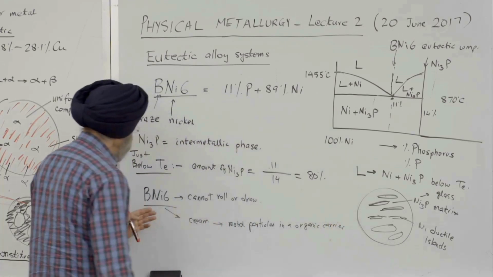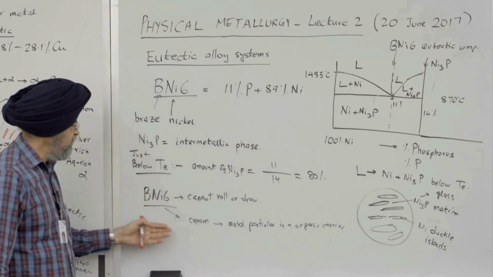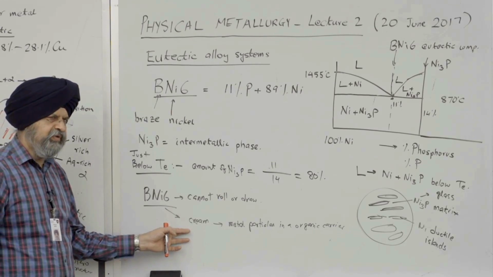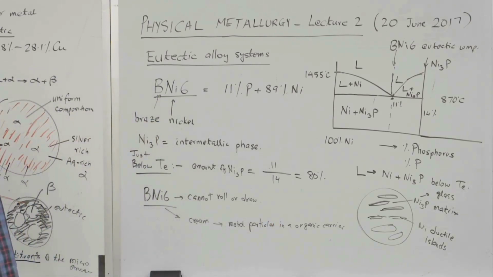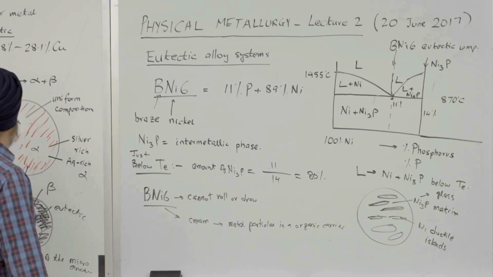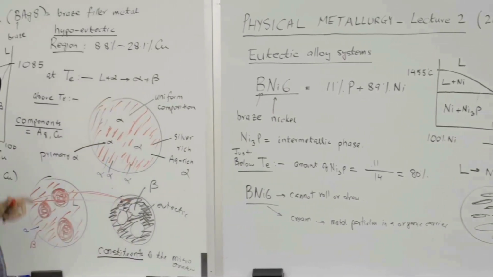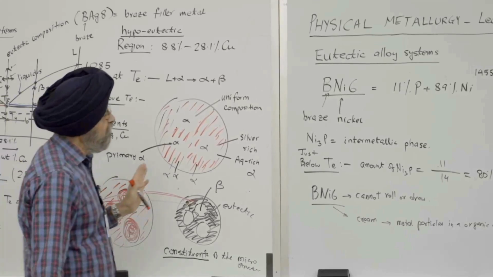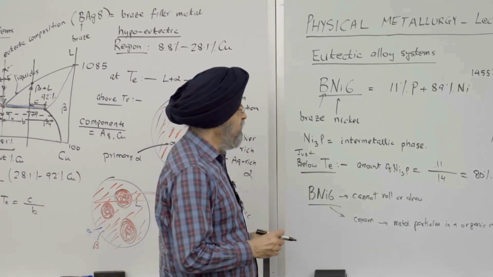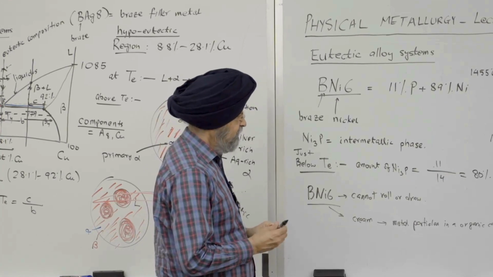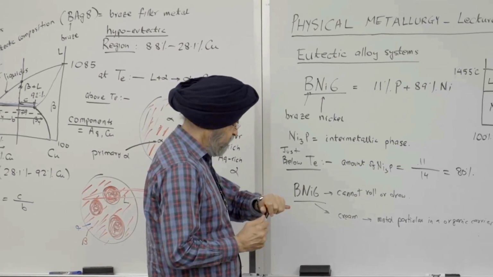So you buy BNi-6 as a paste with metallic particles in organic carrier, whereas the BAg alloy, which is silver and copper, that you can hammer away, you can form into a wire, etc. You won't have any problem.